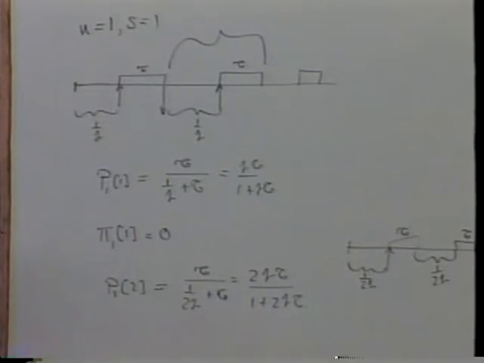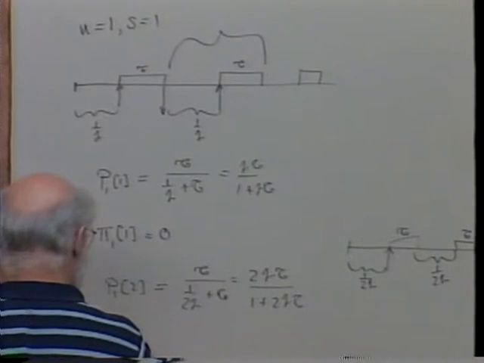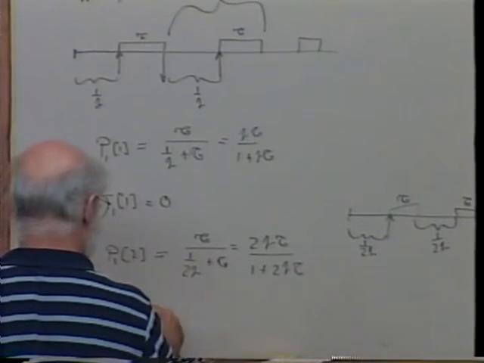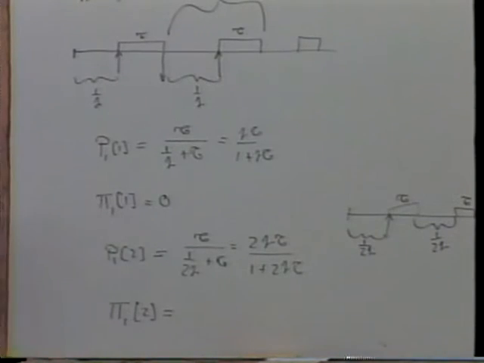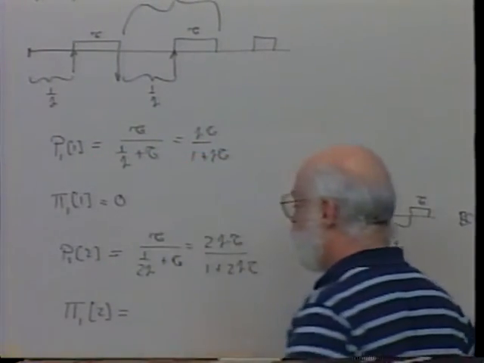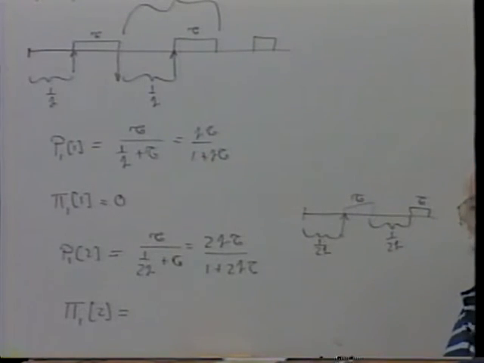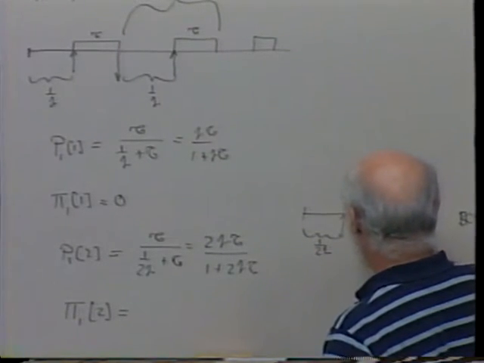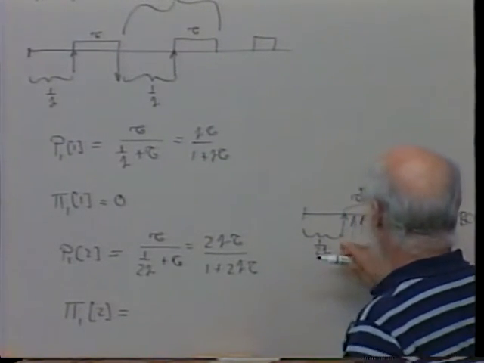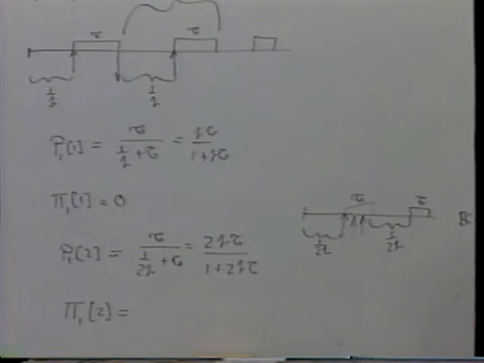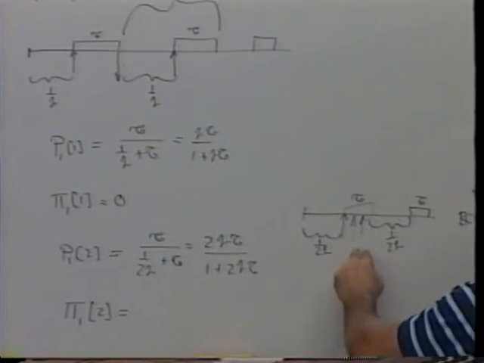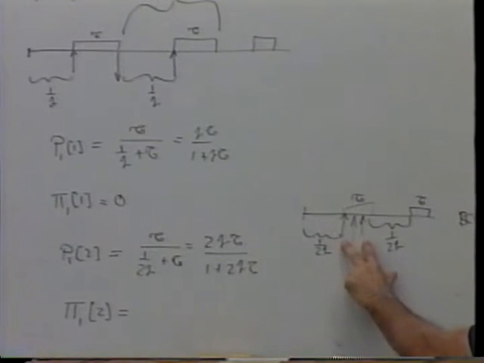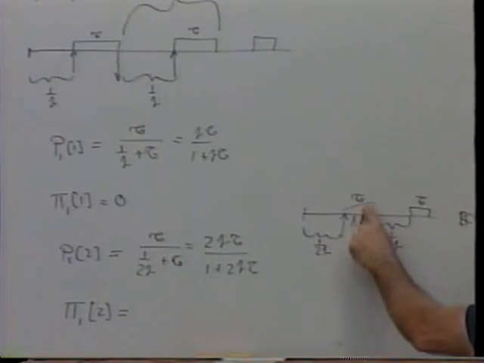Okay, now in the few seconds I have left, I want to calculate pi 1 of 2. So pi 1 of 2 is the fraction of arriving customers who find the server busy. So I'll calculate that this way. Let's take a cycle, and let's see how many customers are blocked per cycle. Well, the only time customers are blocked is when the server's busy.